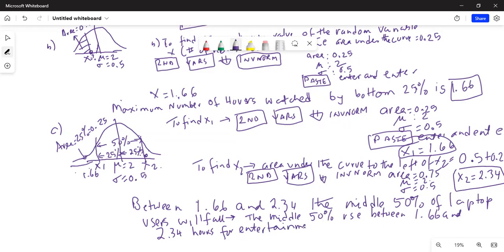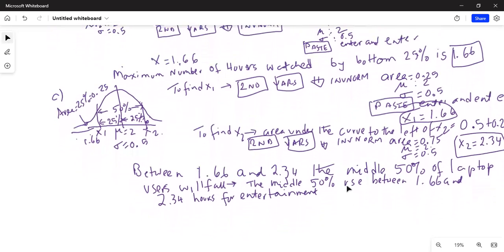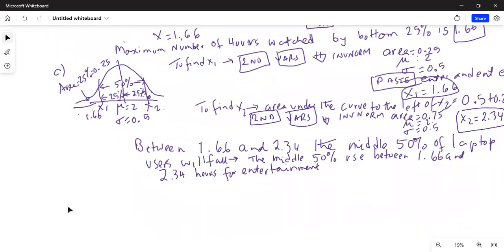Then we go to part D, which asks to find the 70th percentile. Okay, so I will create some space. Part D, find the 70th percentile. What does it mean?